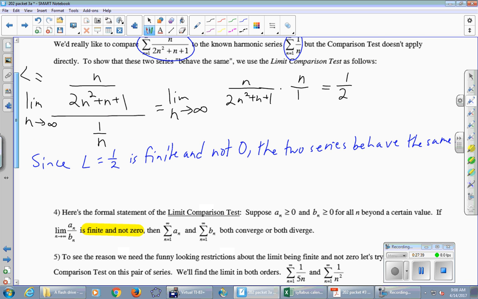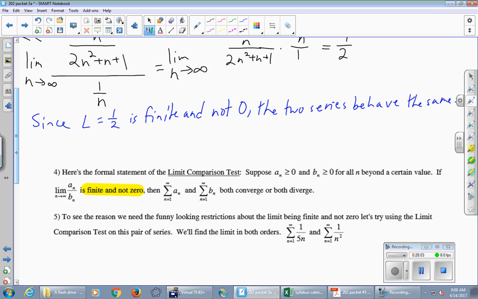I know that I kind of just broke my cardinal rule about writing the series, but honestly, there's exactly 2 series on this page, circled in blue. I don't think there's any confusion about what the 2 series are. What do we know about the second series, sum of 1 over n? That diverges, it's harmonic. The limit comparison test says the 2 series behave the same, so what about our series? Also diverges.